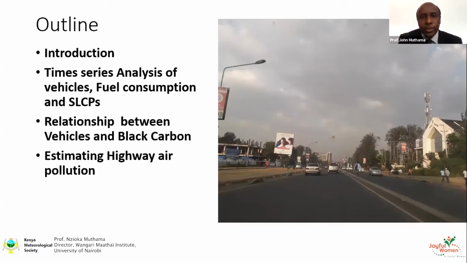In the context of this project, as has been introduced, we are looking at black carbon in that connection. Then we see what kind of relationships we would see between vehicles and black carbon, and what are the methods of continuously estimating vehicular air pollution?